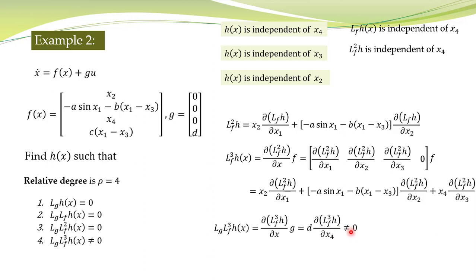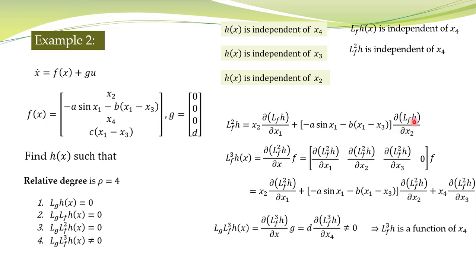What does that mean? This third Lie derivative of h should be a function of x4. L_f cube h of x has already been computed, given over here. For this thing to be a function of x4, this last term should not be equal to 0. Therefore the partial derivative of L_f squared h with respect to x3 should not be equal to 0. That is, L_f squared h of x should be a function of x3. For this to be a function of x3, this partial derivative should not be equal to 0.